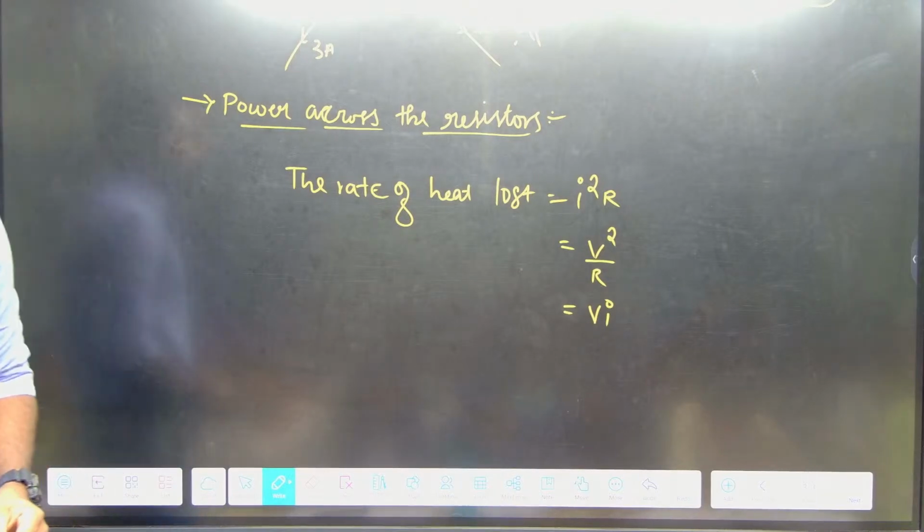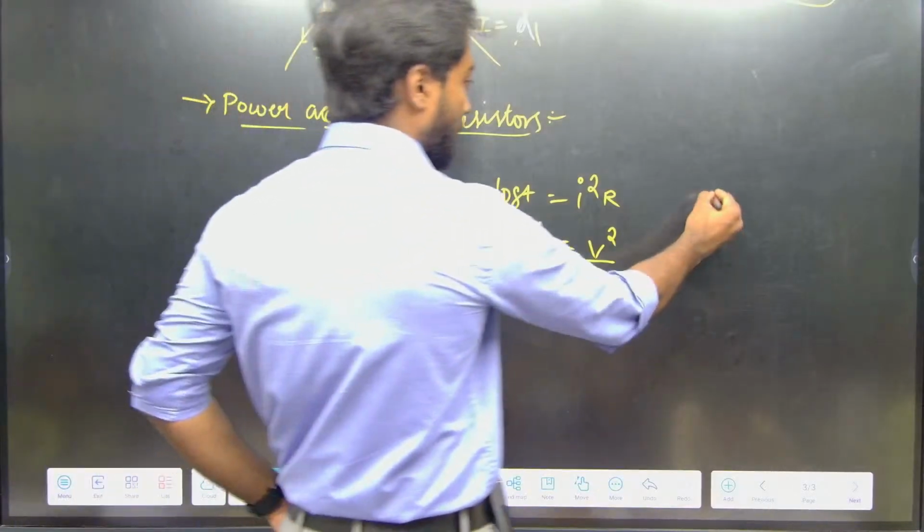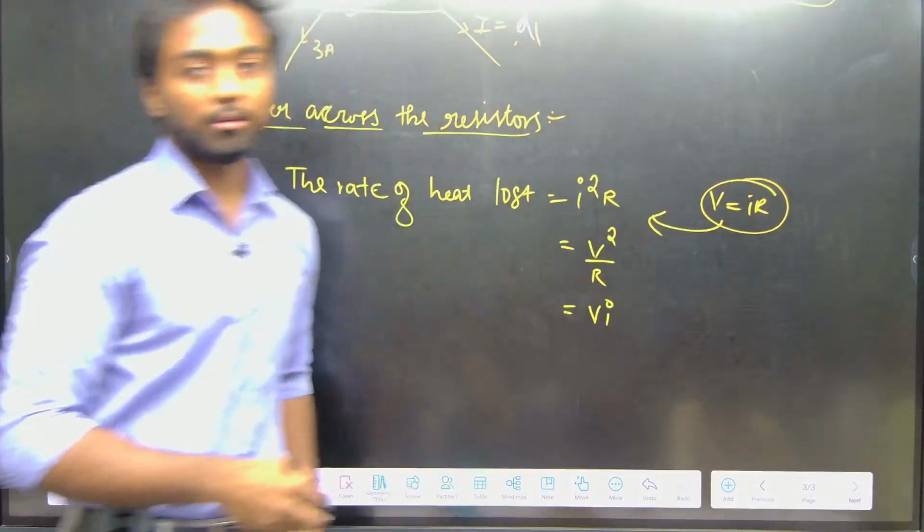You can remember any one formula, it's enough, and you can rearrange this, like V is equal to IR. By using this I can substitute the values.